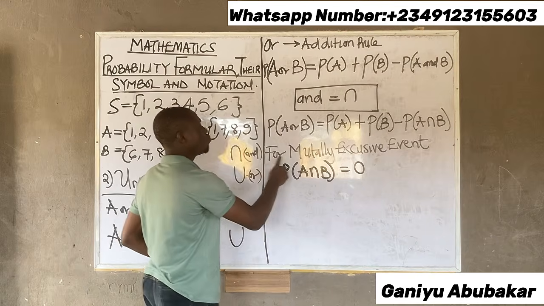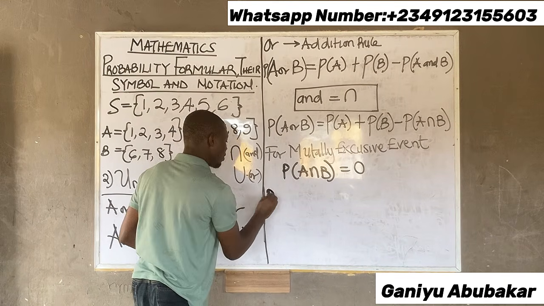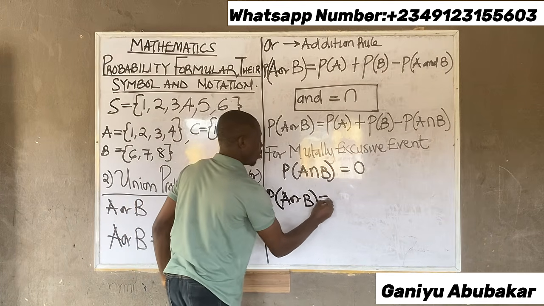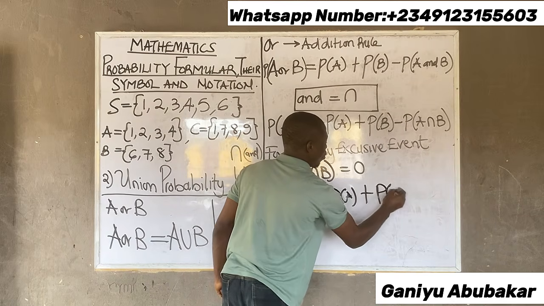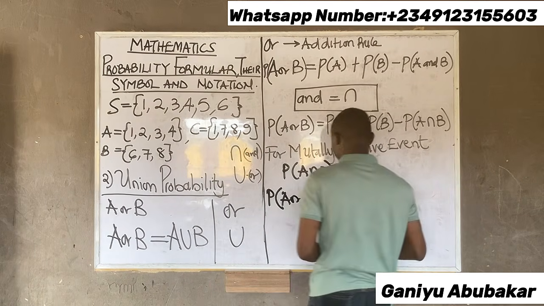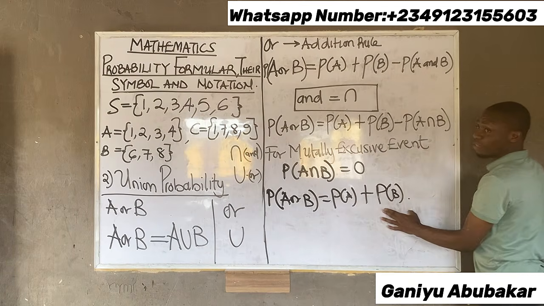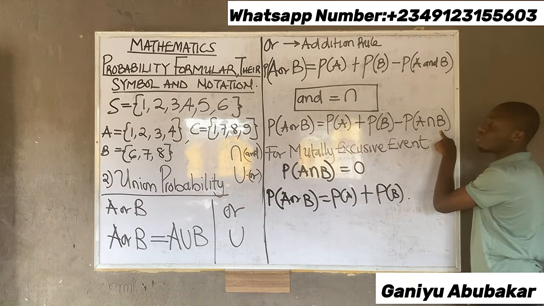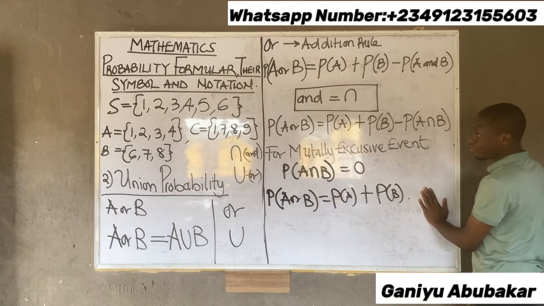So for mutually exclusive events, the probability of A or B will be equal to the probability of A plus the probability of B. That's all. This intersection term will be zero because it's mutually exclusive, so I won't bring it in at all.